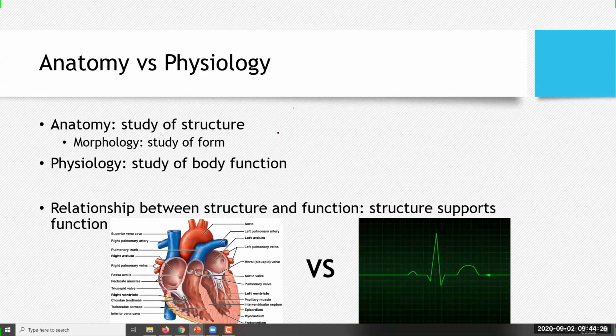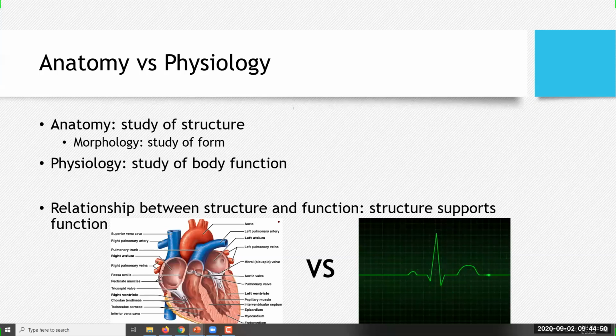And the thing about this relationship between anatomy and physiology is that function always has a particular form. Form and function always are related to each other. What do I mean by that? Okay, so the anatomy of the heart, right? Its form, the heart has a particular structure to it.